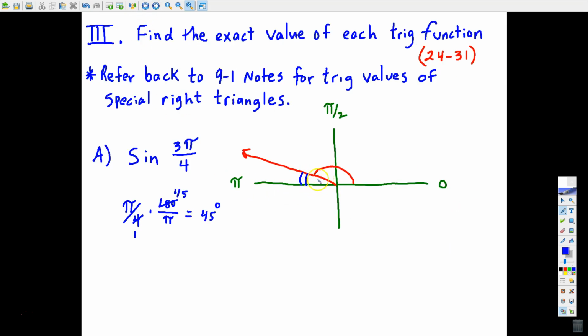But in quadrant 2, we notice that the sine ratio is always positive. We talked about that earlier. So we're good by using the answer, the square root of 2 over 2, and keeping it positive, because in quadrant 2, which is where this terminal side is, sine is positive. All right, so our answer for letter A will be the square root of 2 over 2.